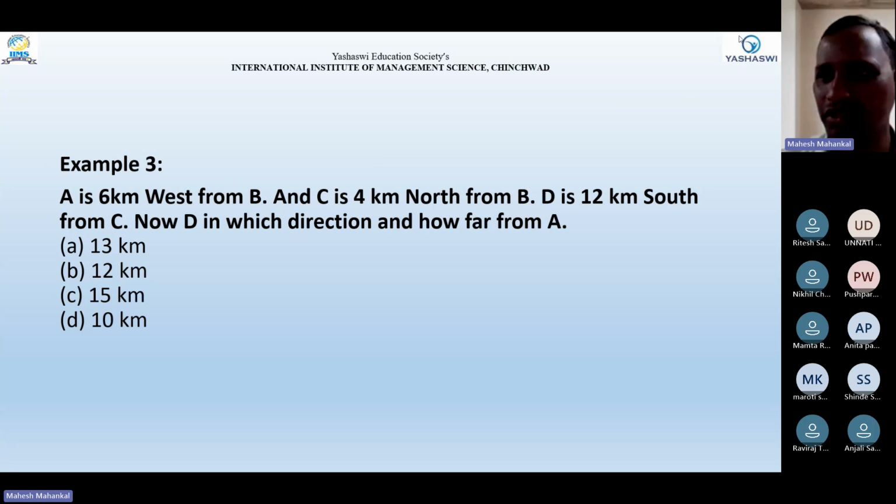What exactly will the correct option be? 12. Okay. Anita, Mamta, Nikhil, Ritesh, trying, sir. Okay, good. Anjali, what is the correct option, beta? Sir, B. 12. B option. Okay, B option. Good.